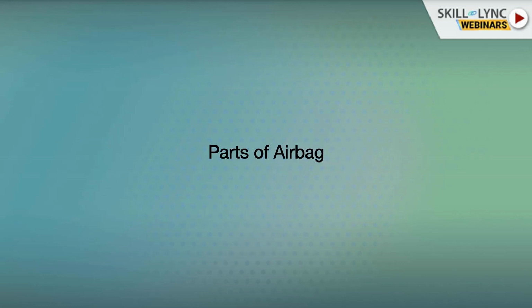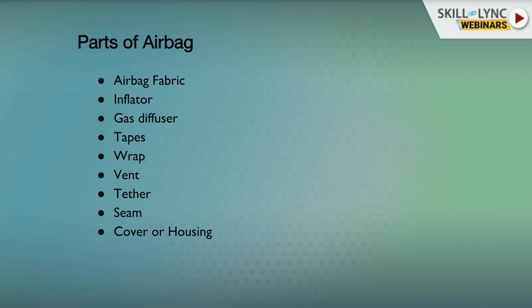So it's about the airbag, the parts and the types. There are several parts inside an airbag. Why do we need passive safety in the form of an airbag? It is going to be a future where it will be a compulsory passive feature.